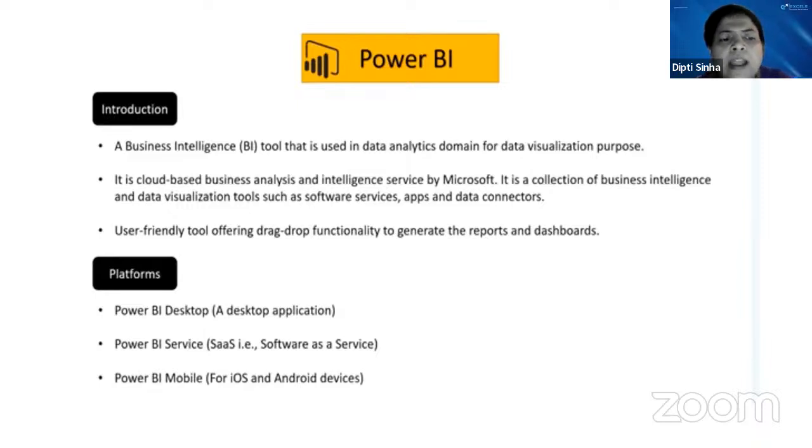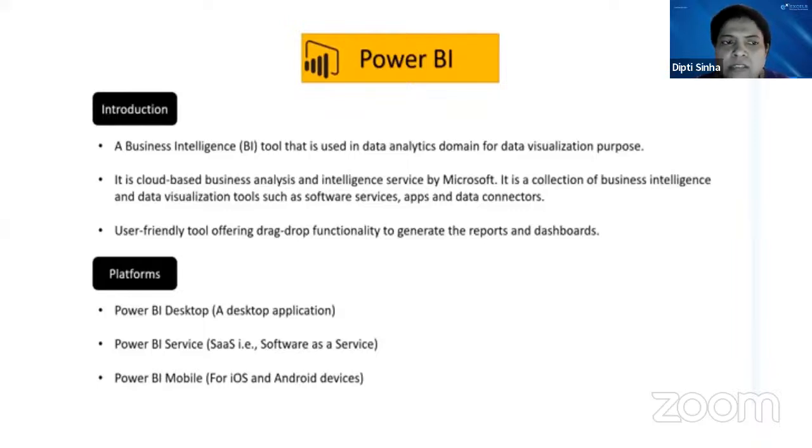That app is an online platform, and we call it Power BI Service. The third one is Power BI Mobile, which everyone can use on their Android phone and iOS devices. So these are the three different platforms for Power BI, and using them you can find meaningful information out of your data, right?